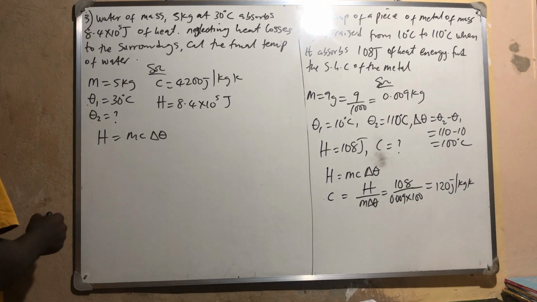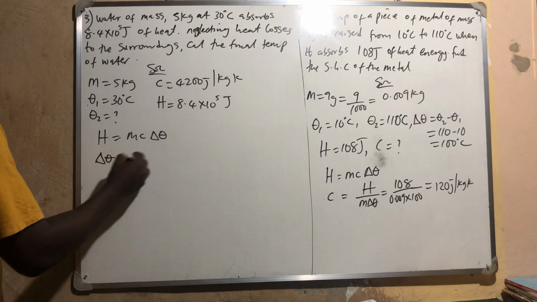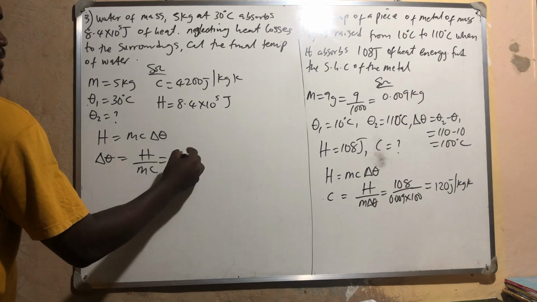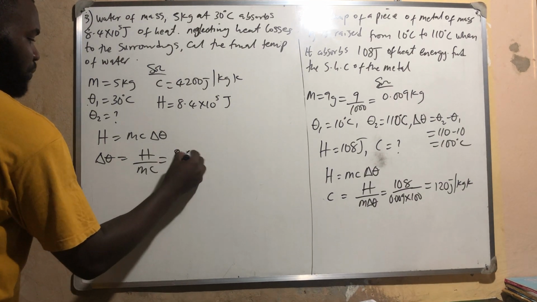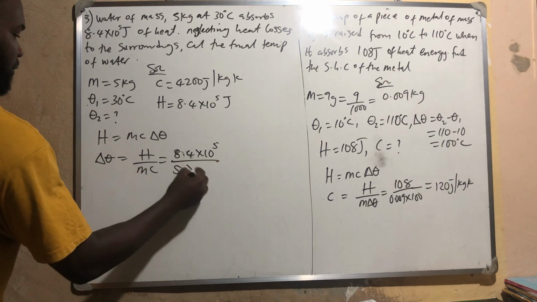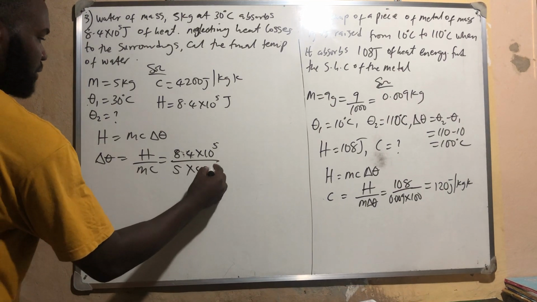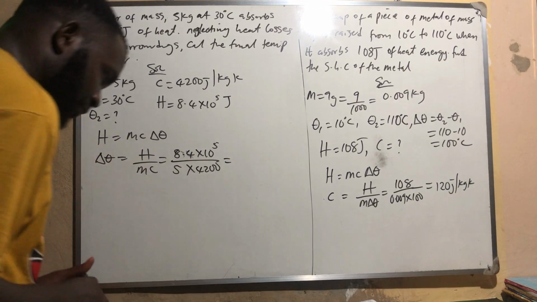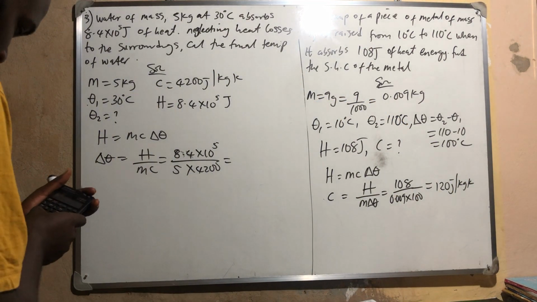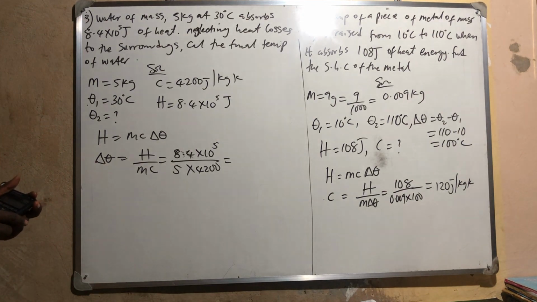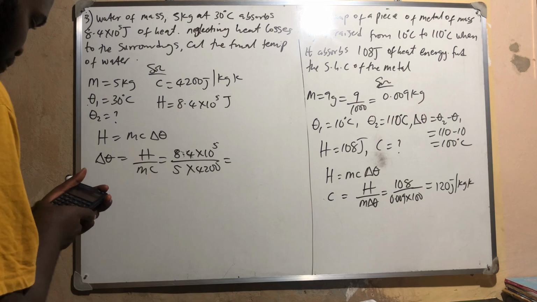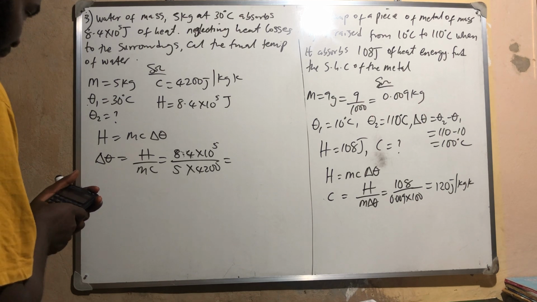First of all, let me get my change in temperature. My change in temperature will be H divided by MC, which is 8.4 times 10 raised to power 5 divided by 4,200 divided by 5.